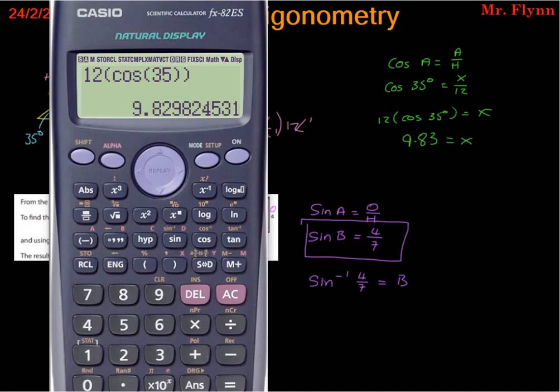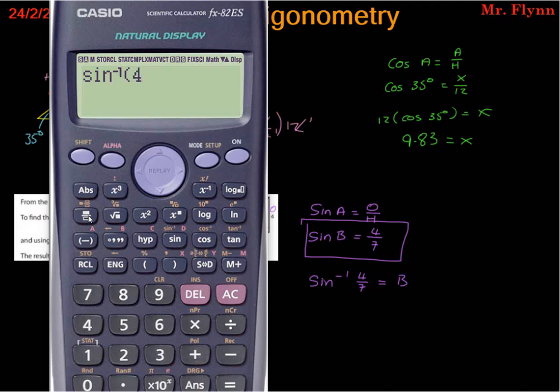So if we open up our calculators, how do we get the inverse function? These are the standard functions, sine, cos or tan. If I press my shift key before I press whichever function I'm dealing with, look at here, sine to the minus 1, exactly as I have it here.